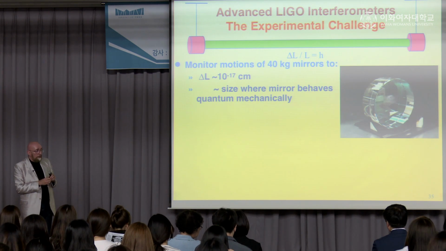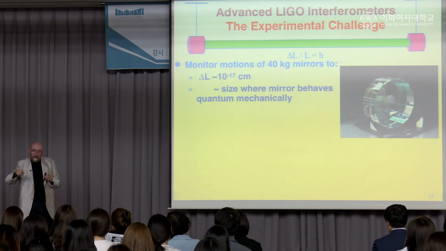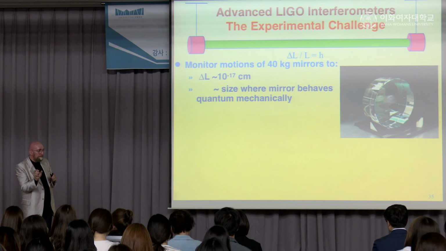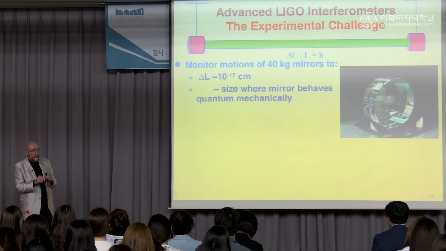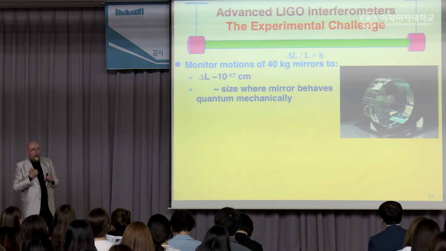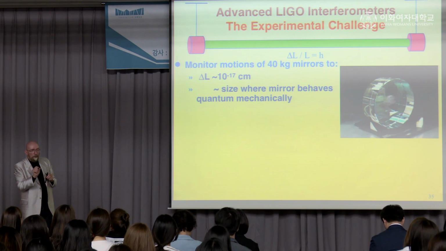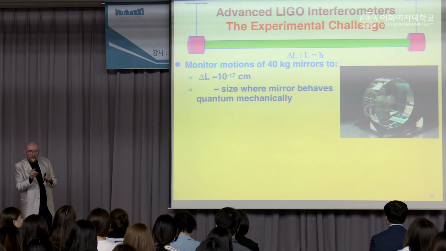It has a wave function, a Schrodinger wave function. That wave function is spread out by more than the accuracy of our measurement. So for the first time, when we reach design sensitivity, humans will see a human-sized object, a 40-kilogram mirror, behave according to the laws of quantum physics. We will see quantum fluctuations in where the mirror is.